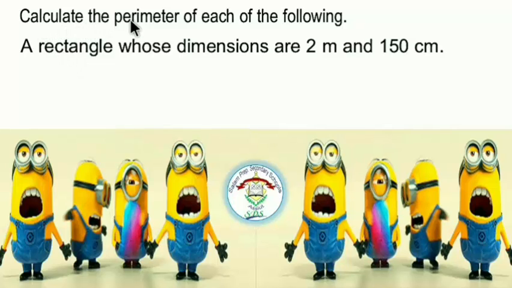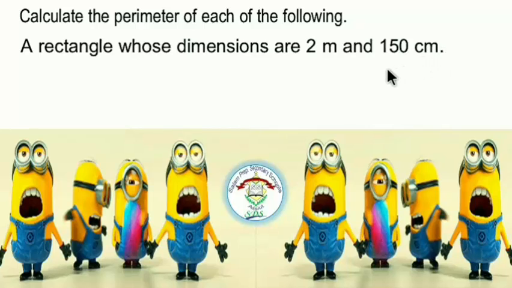Calculate the perimeter of each of the following. A rectangle whose dimensions are 2 meter and 150 centimeter. Dimensions means length and width. Take care, we have different units. 2 meter, 150 centimeter.